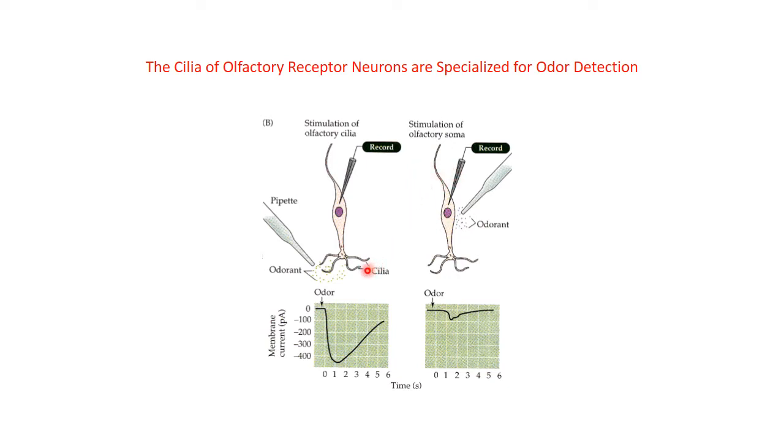So the molecules that bind the odorants and perform the transduction process are concentrated in the cilia of these olfactory receptor neurons.